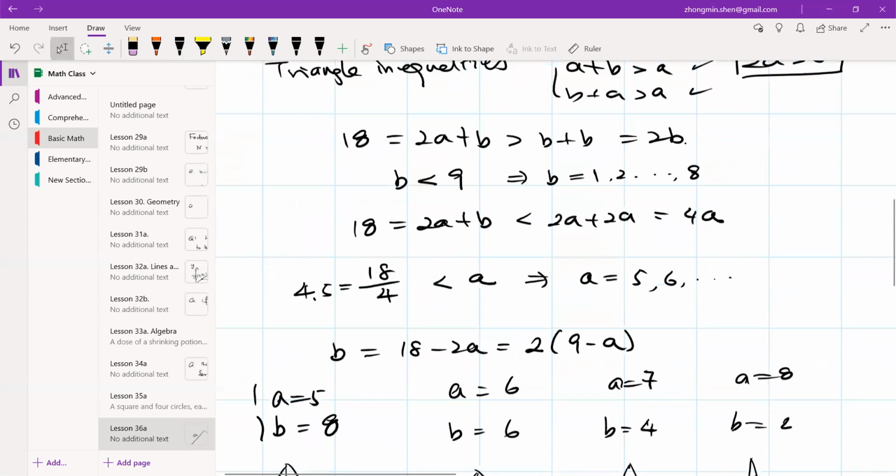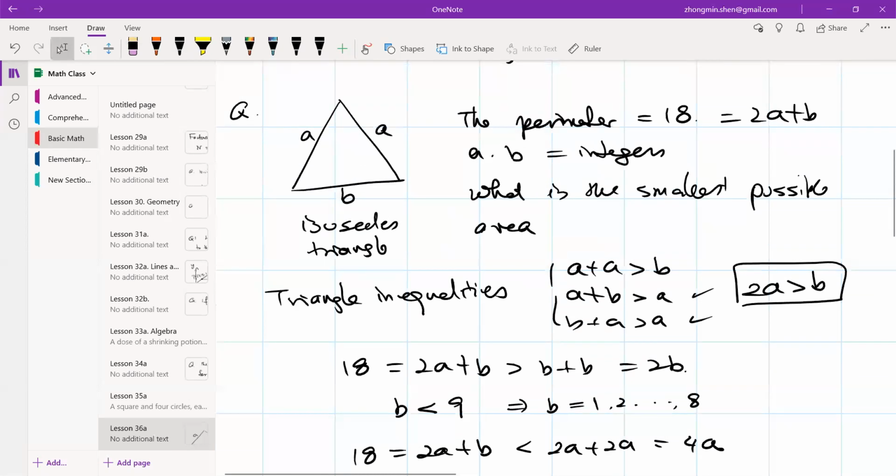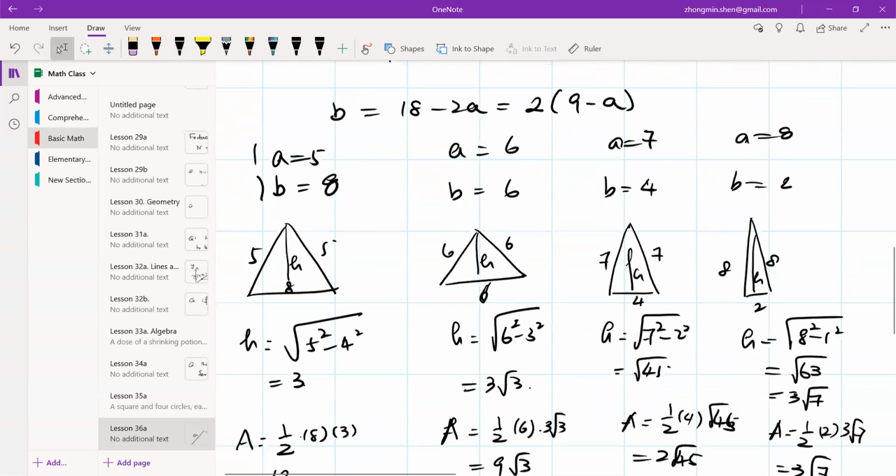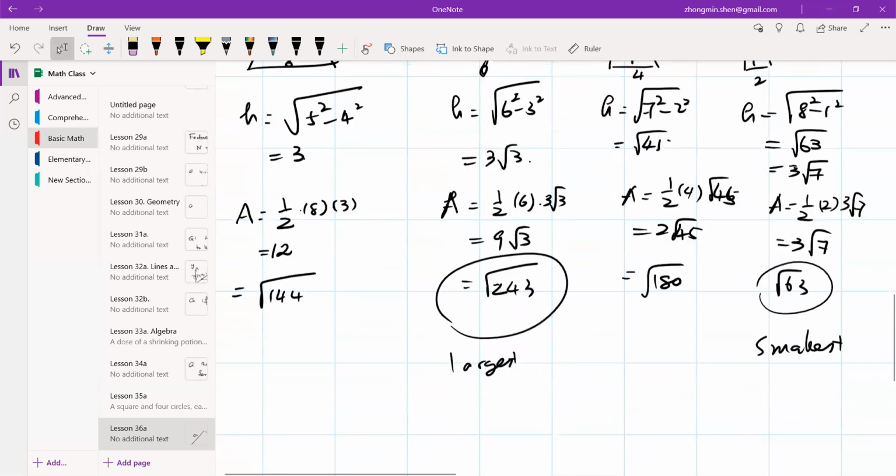So let's review this problem. By the triangle inequality, you can figure out all the possible triangles whose perimeter is going to be 18. Then for each of them, you can calculate the height, and then you calculate the area.